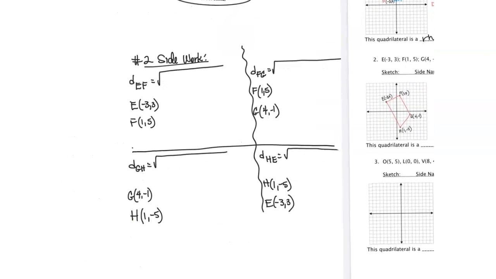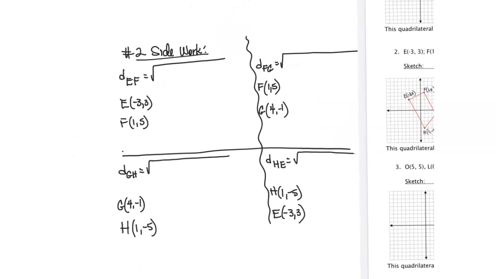Alright, so we'll begin with finding the distance for each of our side lengths: EF, FG, GH, and HE. And here's that work over here. So we have EF. We have our 2 points, (-3, 3) and (1, 5).